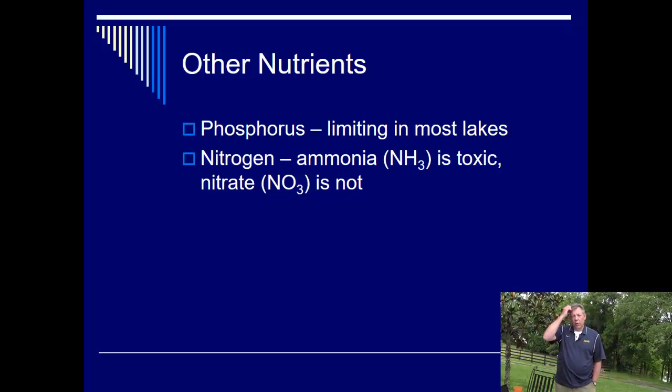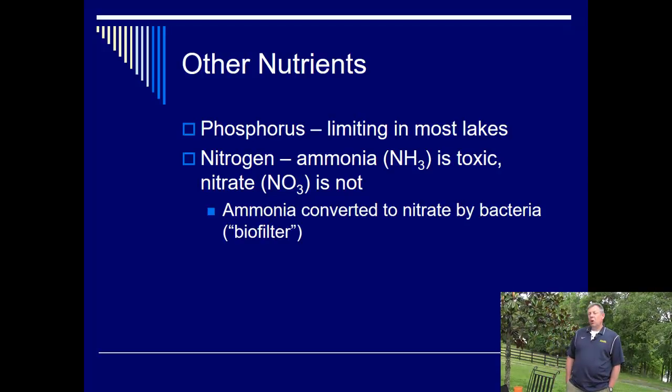Specifically, we need to worry about ammonia, which is NH3, because that is toxic to fish, whereas nitrate, NO3, is relatively safe. And the intermediate between these two, NO2, nitrite, at high levels can cause brown blood disease, but nitrite is pretty uncommon in lakes.